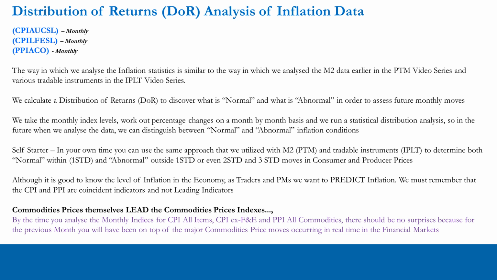Commodities prices themselves lead the commodities price indices. So each month, by the time you analyze the monthly indices for our 3 inflation numbers, the CPI all items, the CPI ex food and energy, and the PPI all commodities, really, there should be no surprises, because for the previous month, you will have been on top of all the major commodity price moves, and they occur in real time in financial markets.